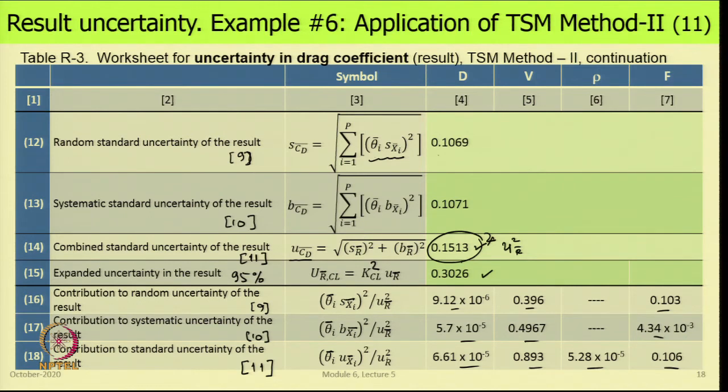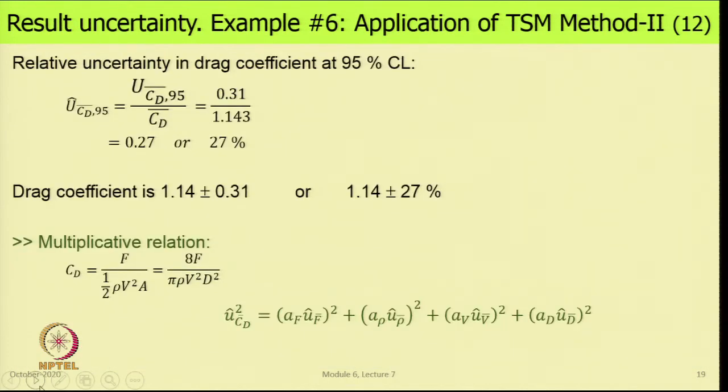So having done all of that, we can then pick up this number and express our result. We say that the drag coefficient was the nominal value 1.14 and what we got as u C d bar, this is 0.31, or as a percentage it is this. So this is u hat C d bar and this is C d bar.